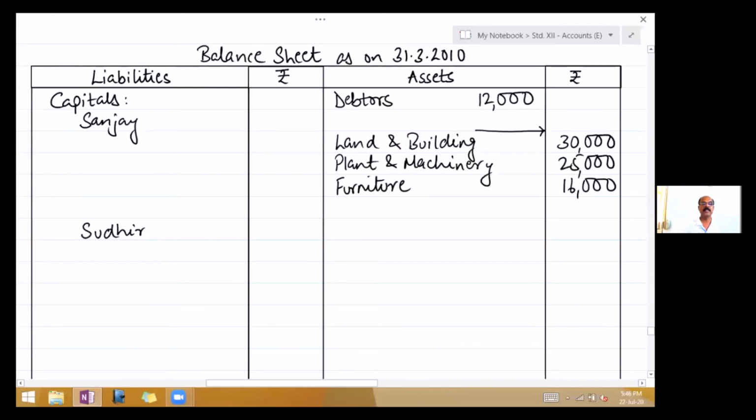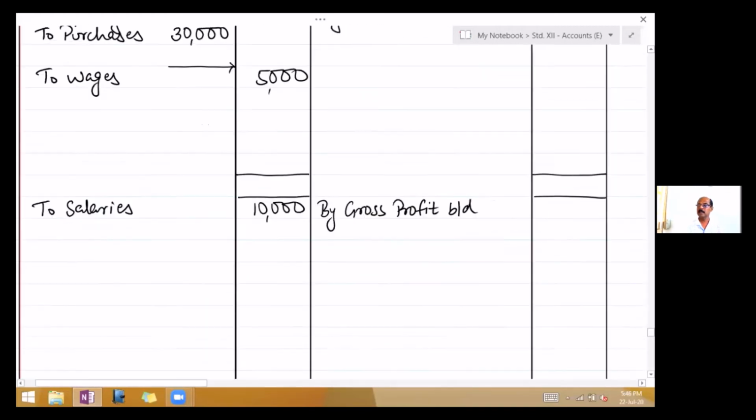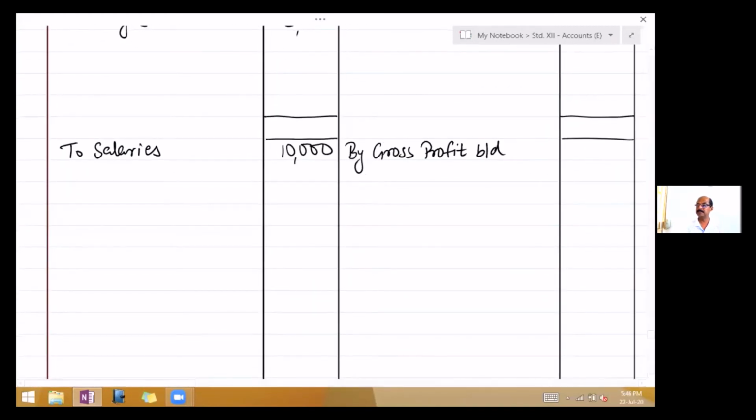Next, advertisement for 2 years, P&L debit. Advertisement for 2 years is 6,000. Now, first write in the inner column, then I'll explain. Advertisement 6,000. Now you know, you cannot charge any expenditure for 2 years, 3 years, 5 years.